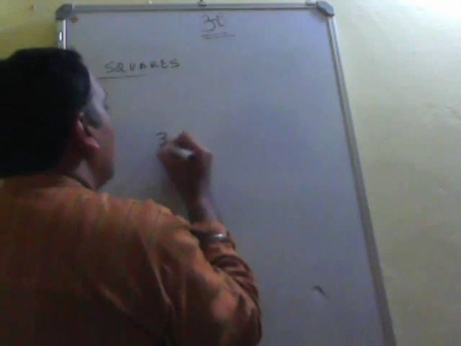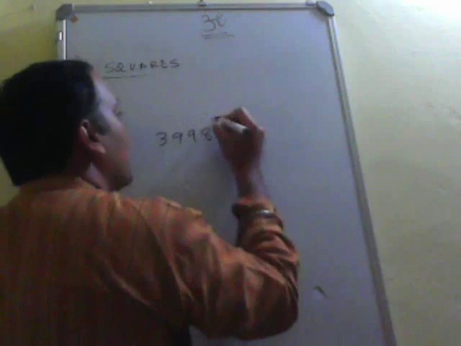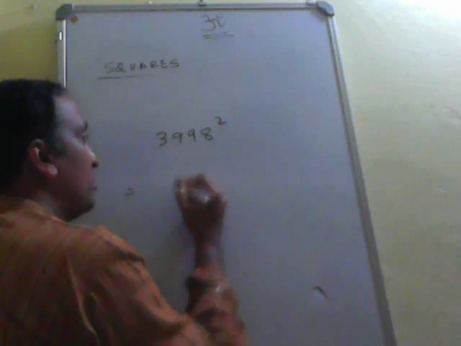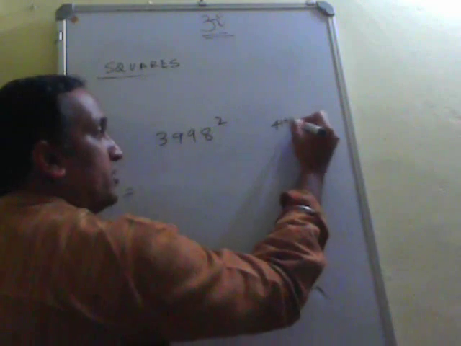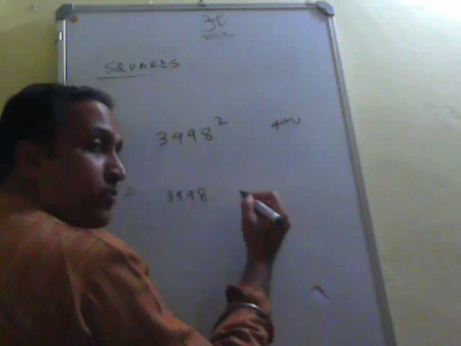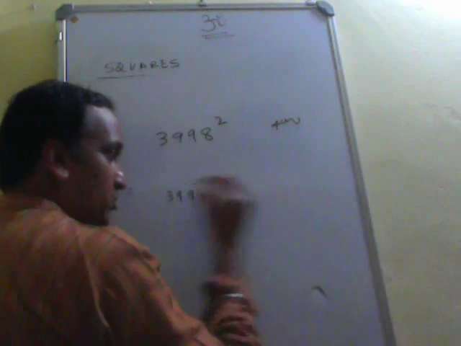Say 3998 square. 3998 is what? We can take 4000 as the base. So 3998, how much is the difference from 4000? Minus 2.